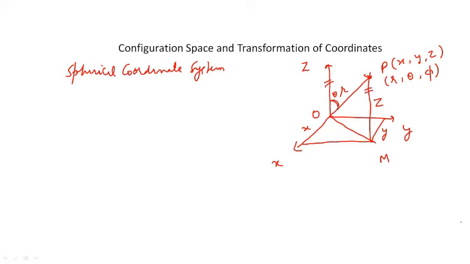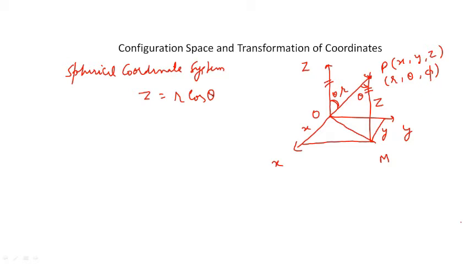So if this angle is your theta, this will also be your angle theta, alternate angles. So here you can write that your z will be equal to r cos theta.